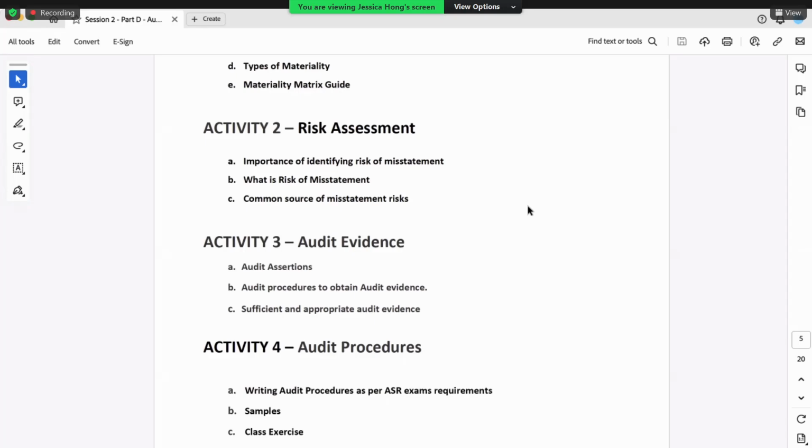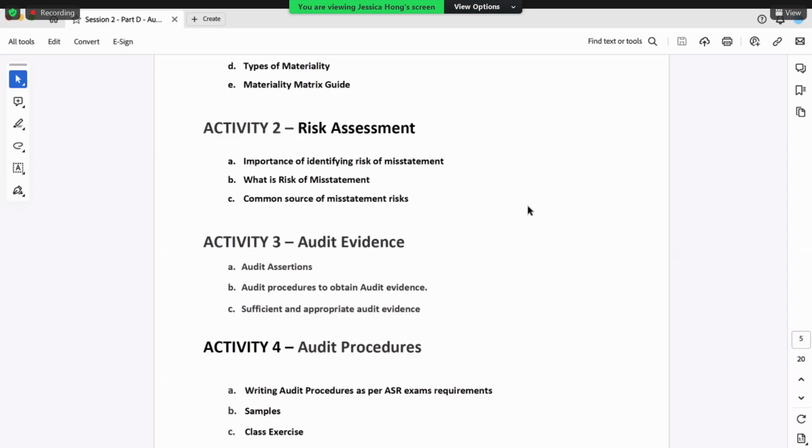Then after that, we will move on to audit evidence. All right, audit evidence is a topic that is strongly and closely related to risk of material misstatement, because this is the activity whereby we expect the student to evaluate the case study and suggest how we should respond to it.